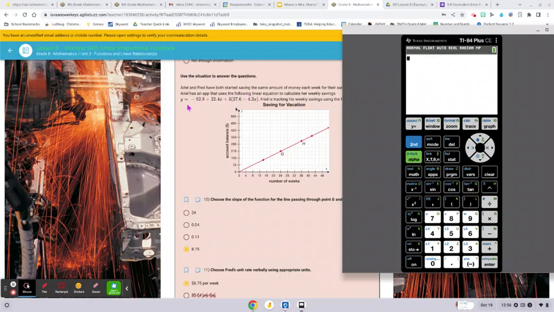Notice it's a y equals equation. You have a y equals button right here. Go to y equals. I'm going to go ahead and do it with you. And we're going to type this whole thing in exactly as you see it.